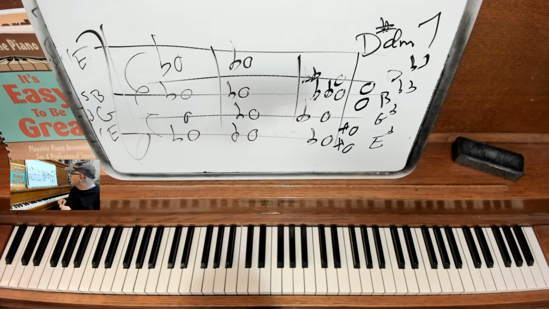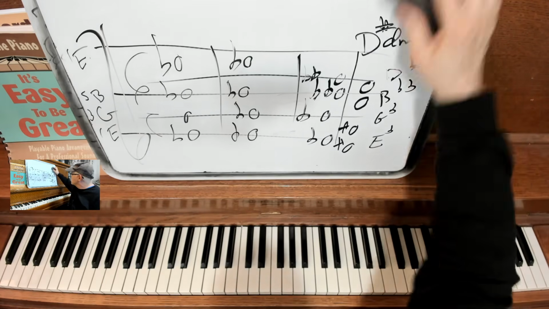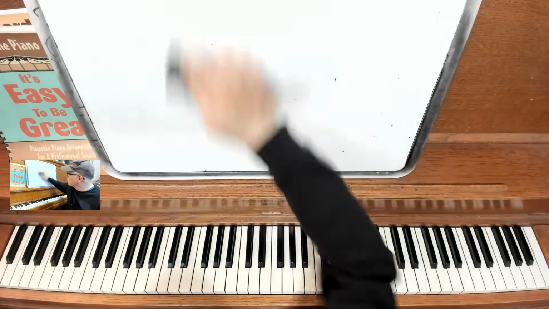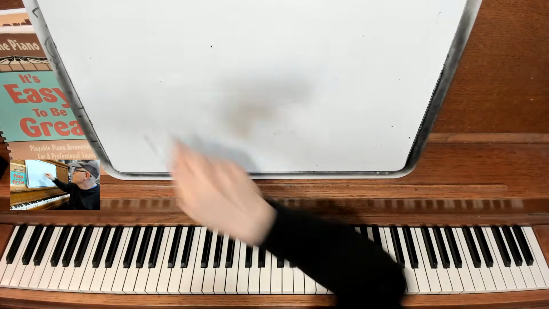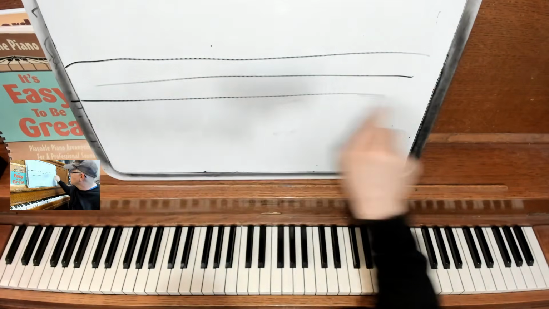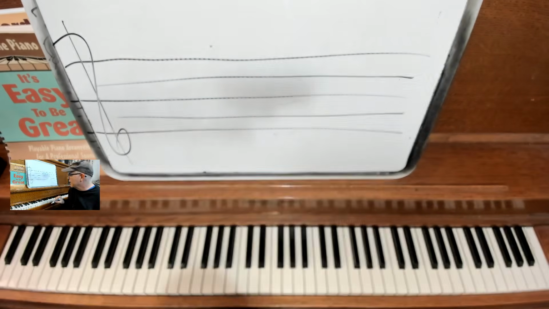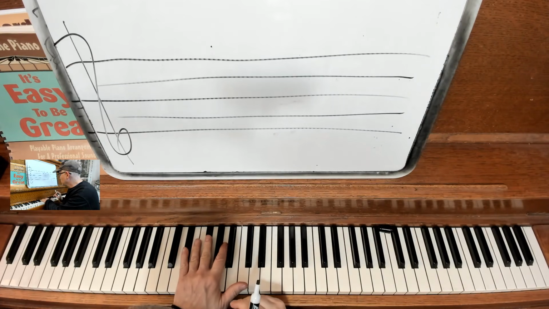And that diminished chord is actually one of 3 diminished chords in the entire diminished scale. What do I mean by that? Well, when you see one diminished chord, don't just think of one diminished chord. Think of 3, actually. So let's just do our best to write this in as best I can.